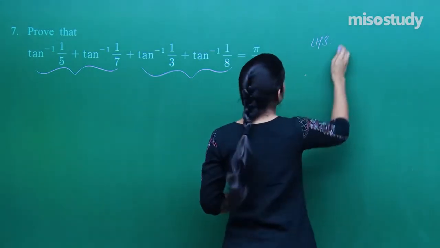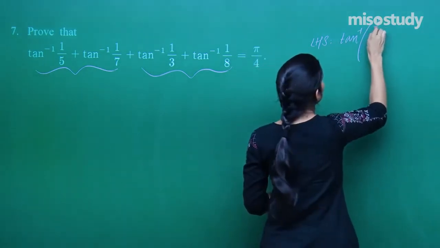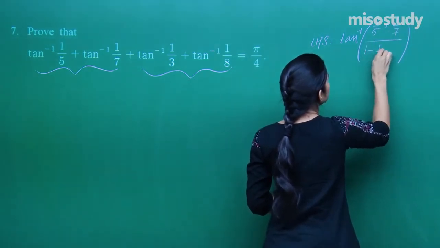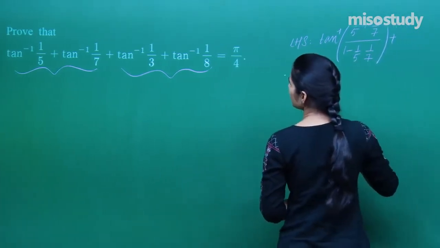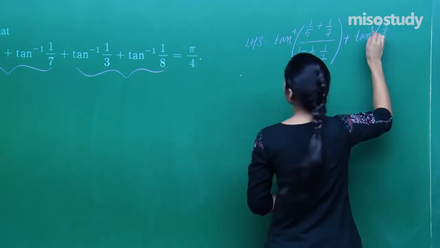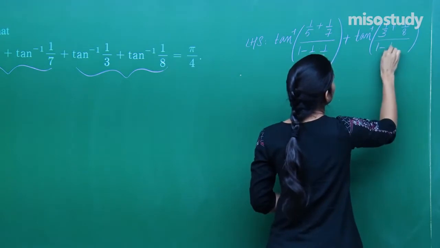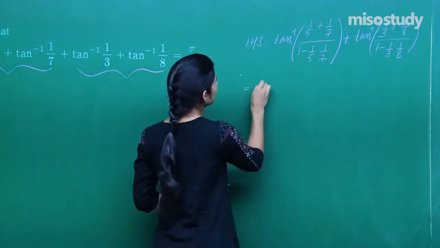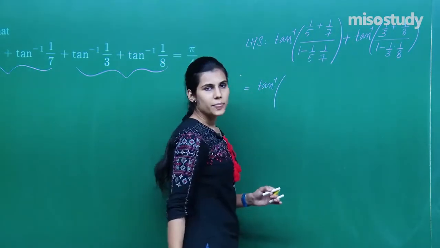Tan inverse A plus tan inverse B is tan inverse of A plus B upon 1 minus AB. So, 1 by 5 plus 1 by 7 upon 1 minus AB. Next you have tan inverse 1 by 3 plus tan inverse 1 by 8. So, it is tan inverse, again plus is only there, 1 by 3 plus 1 by 8 whole upon 1 minus 1 by 3 into 1 by 8. Let's begin the computation. This is equal to tan inverse, LCM is 35.